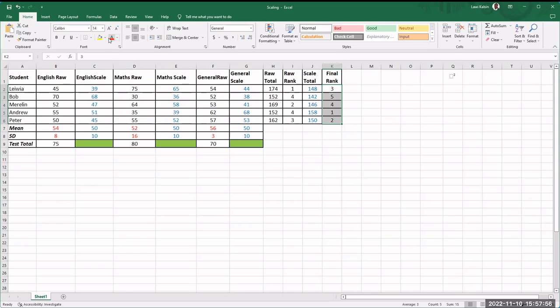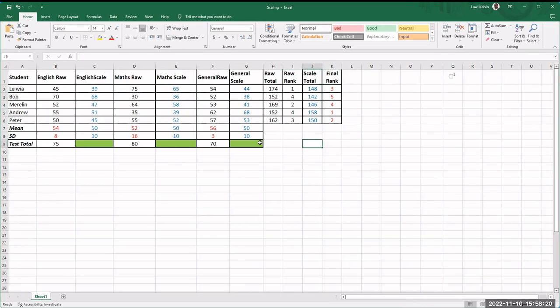The reason being that all of these tests are now under one standard deviation and one common average. That's why we follow the last rank.